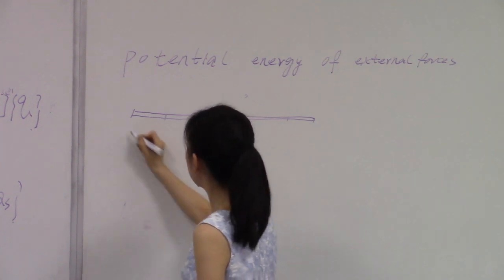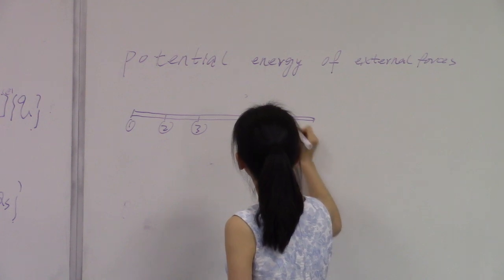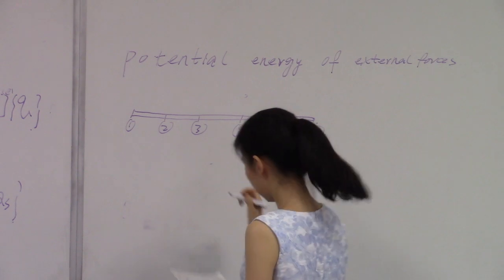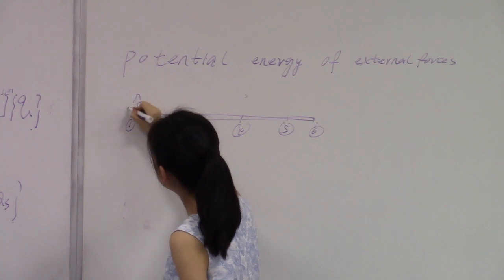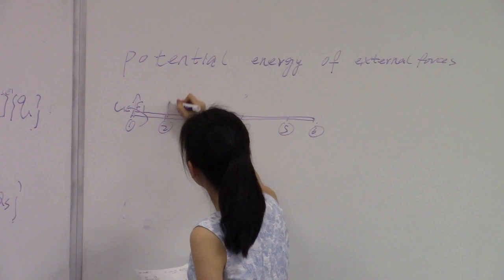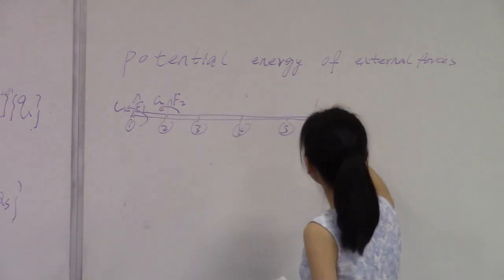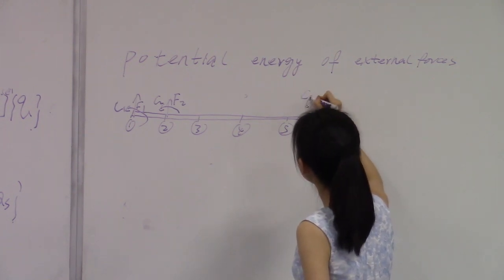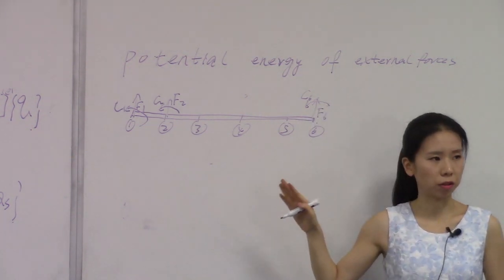And then this is node 1, node 2, node 3. And at each node, I have F1, C1, F2, C2. I'm saying here F6, C6. How to calculate the potential energy of these external forces?